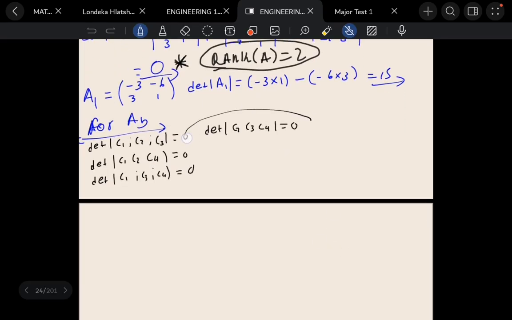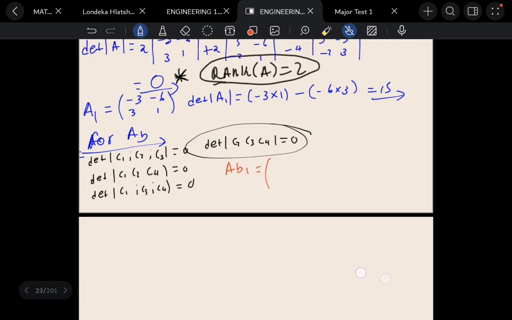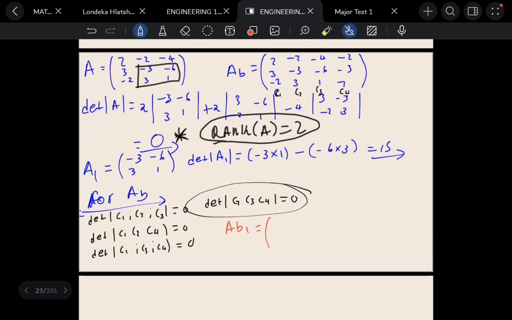But I'm going to pick this determinant and lay it out. I'm just going to call it AB1. What is AB1? It's going to be C2, which is -2, -3, and 3; C3, which is -4, -6, and 1; and C4, which is -2, -3, and 7.